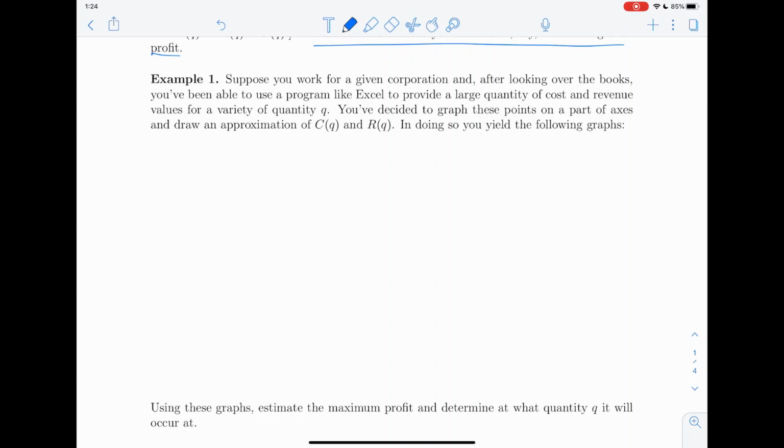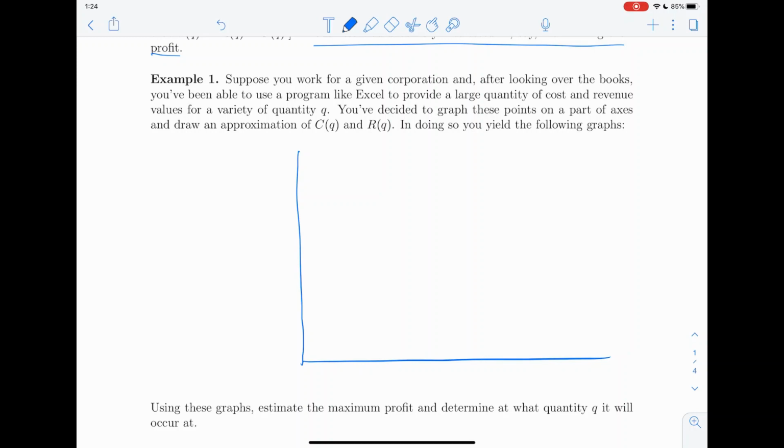You might recognize from a previous lesson earlier in the semester that we did this exact type of picture, but the cost and the revenue functions were lines. That's a very simplistic type of model. In reality, the cost and the revenue functions don't have to be lines at all.